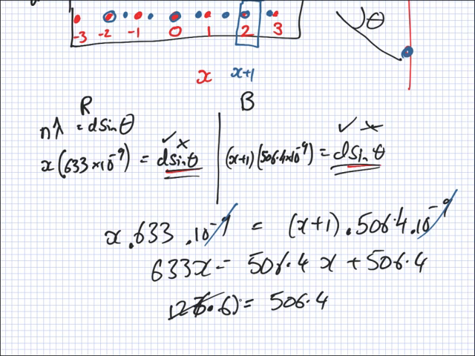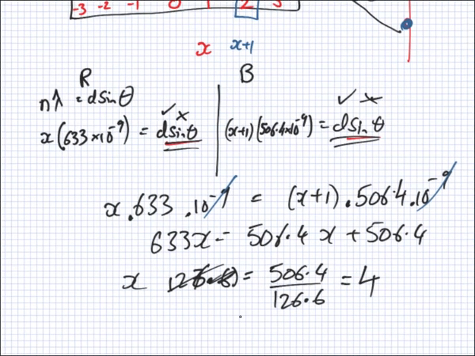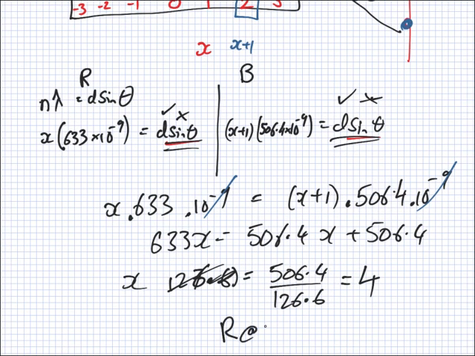So the x will be 506.4 divided by 126.6, which is 4. So the answer is the red at 4 will be in the same place as the blue at 5. So the 4th dot for the red will be where the 5th dot for the blue is. They'll be in the same point on the screen.